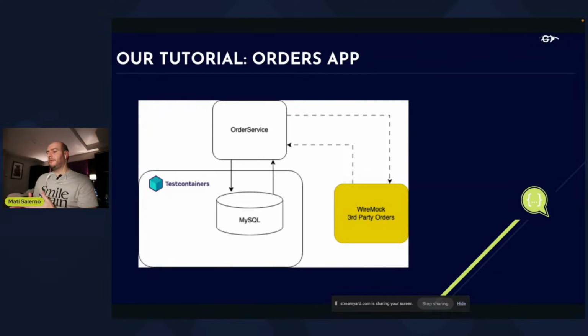We're going to start from an existing monolithic application and refactor it. This application is called the order service. It receives a call to dispatch an order, and this order is read from the database, which is a MySQL instance.